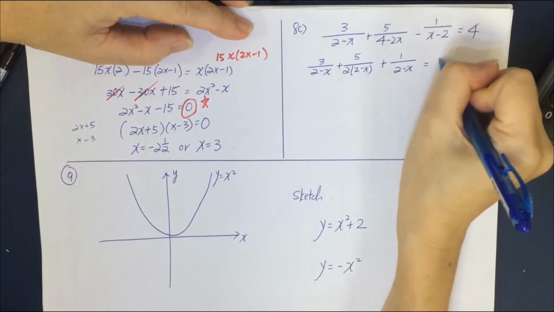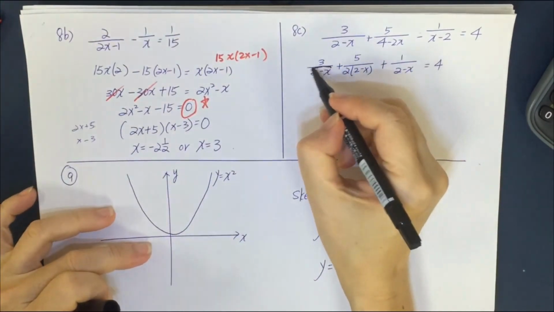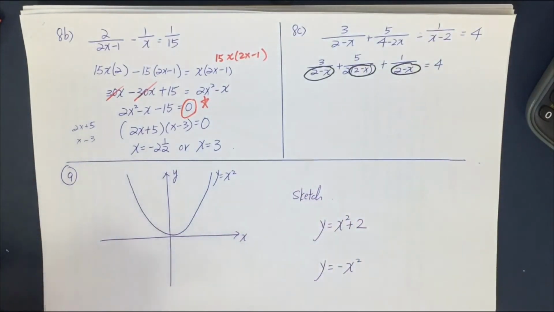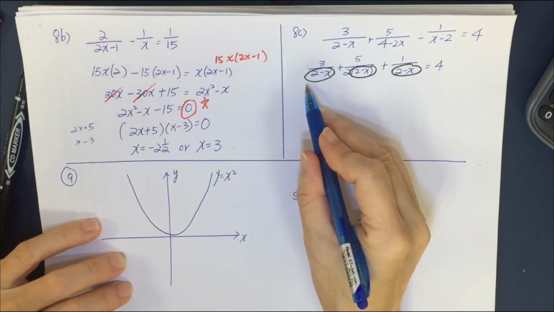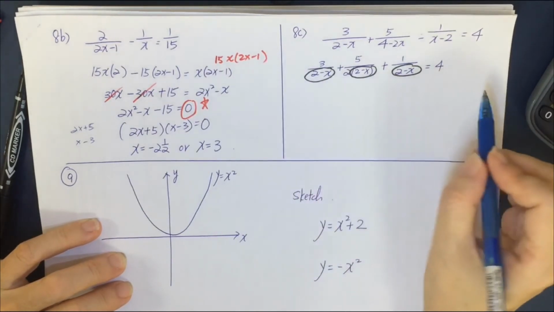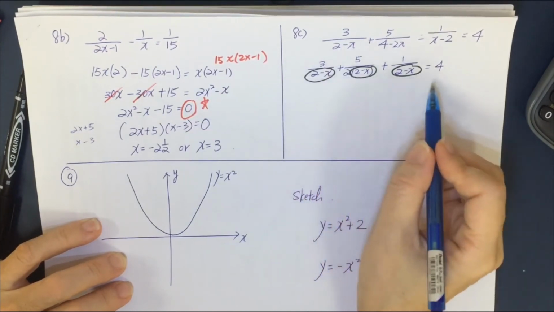Can you see now the denominator? See? 2 minus x, 2 minus x, 2 minus x. So what is the common denominator? It will be 2 times 2 minus x. So if I multiply 2 times 2 minus x to the whole equation, the left side I multiply, the right side I multiply. For the left side, I do the distributive law, multiply into every one of them.